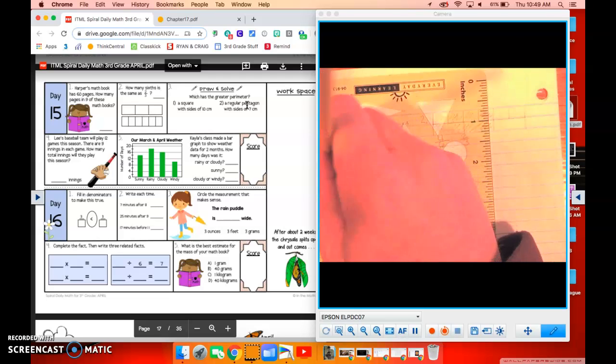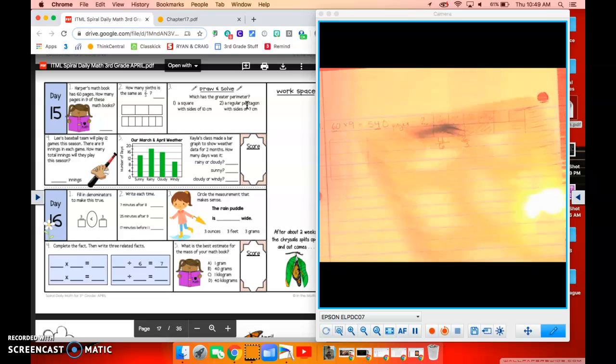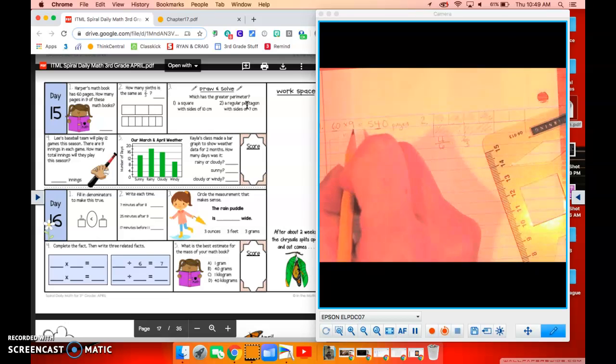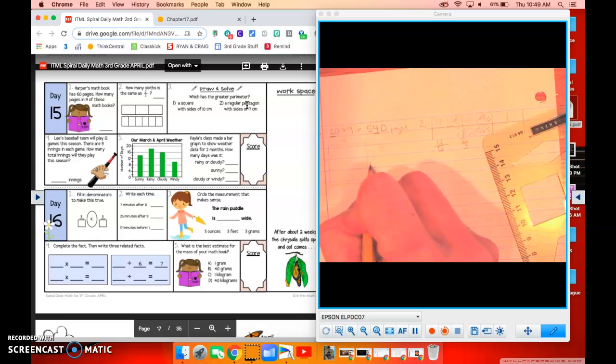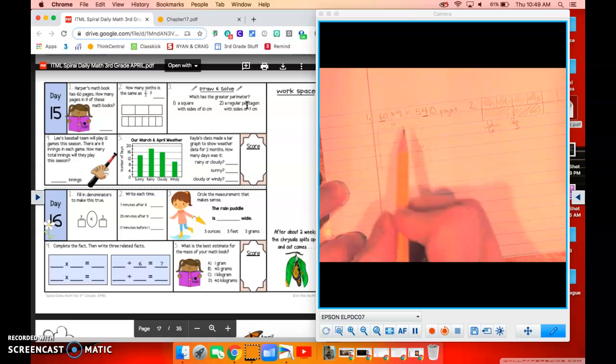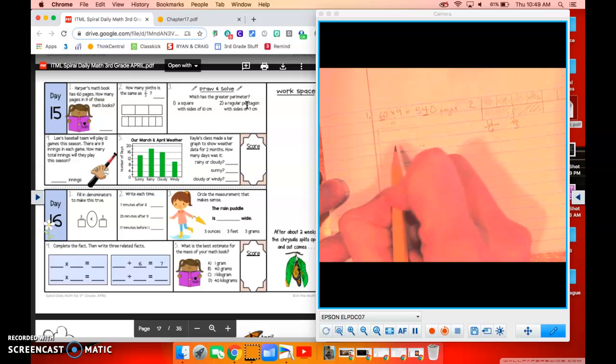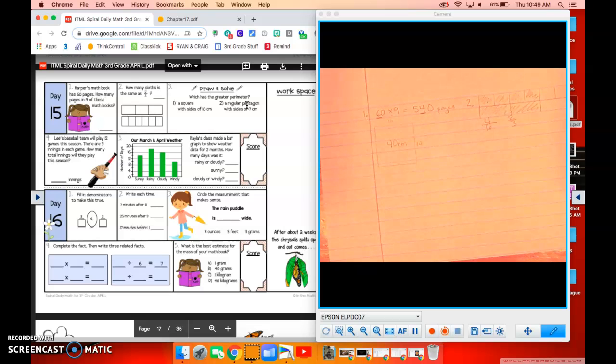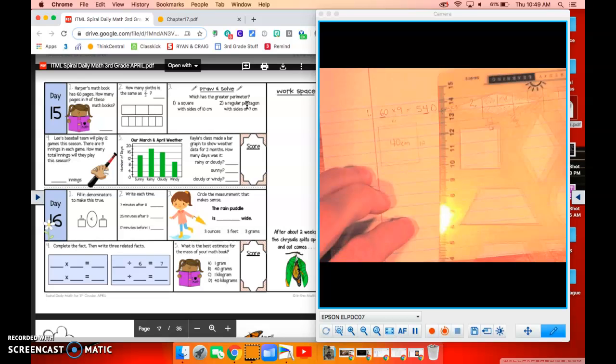We have 10 centimeters on this side and we have 10 centimeters on that side. So perimeter is like the fence. That's the part that goes all the way around, the line itself, right? So 10, 20, 30, 40. 40 centimeters.